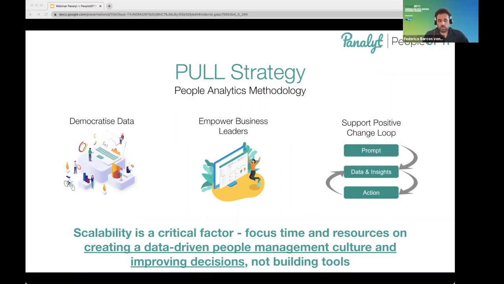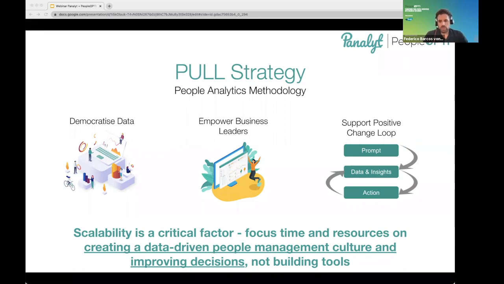Yeah, Fanny. No, I was going to say that with the pull strategy, it's going to change the purpose of the people analytics team. We usually think about the people analytics team as a team that is going to be delivering insights, and that's it. That's the end of the work that people analytics do.